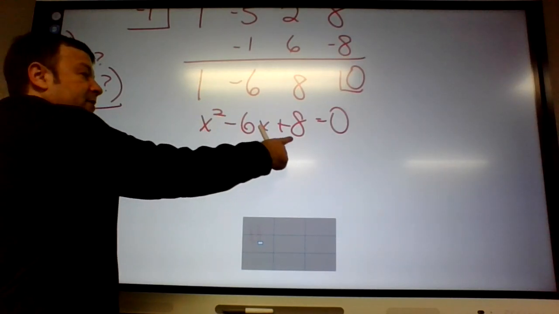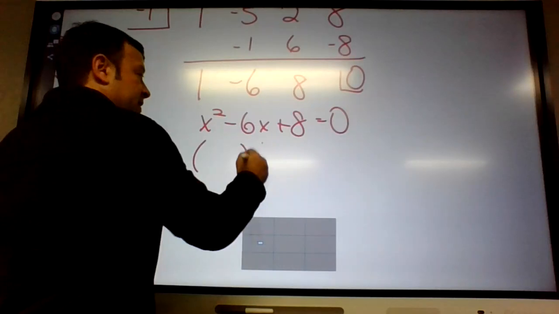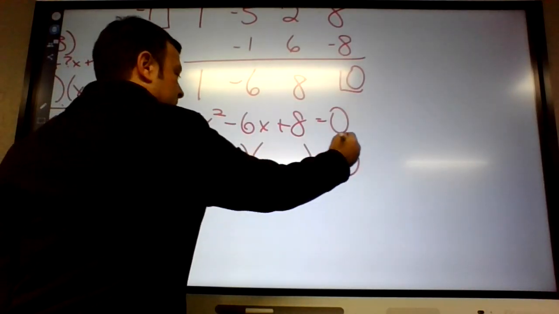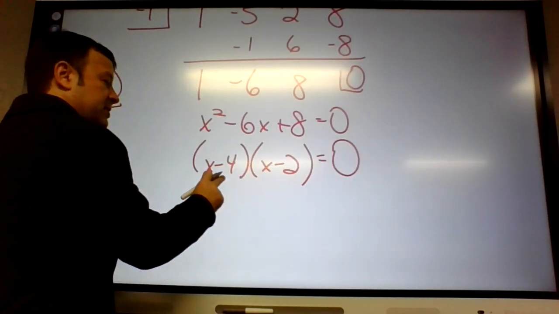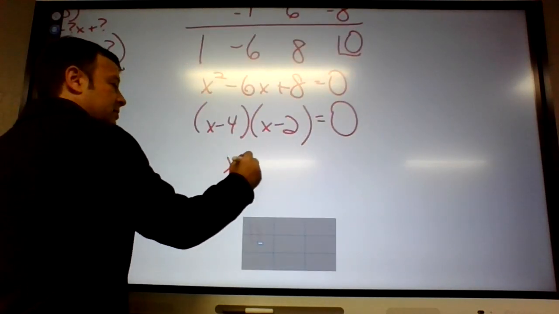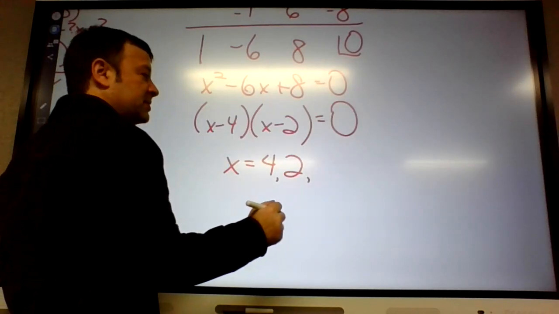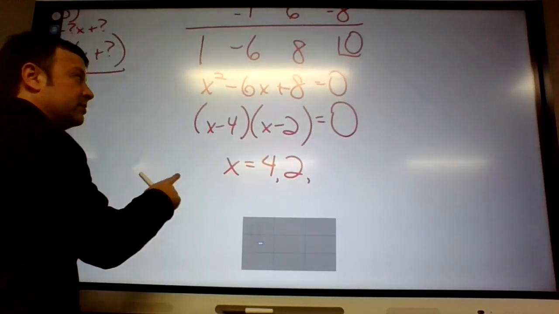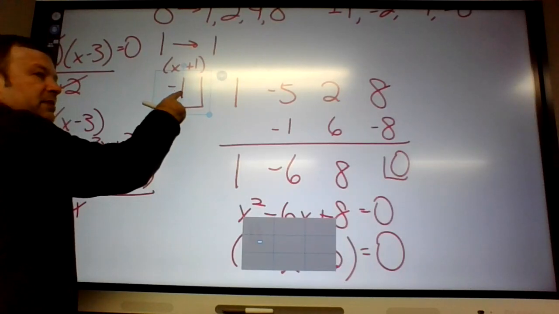This looks like it factors, because what multiplies into 8 that adds up to -6? So x equals 4, 2. Okay, but don't forget, there was actually another answer that we knew. You guys remember what it was? -1.